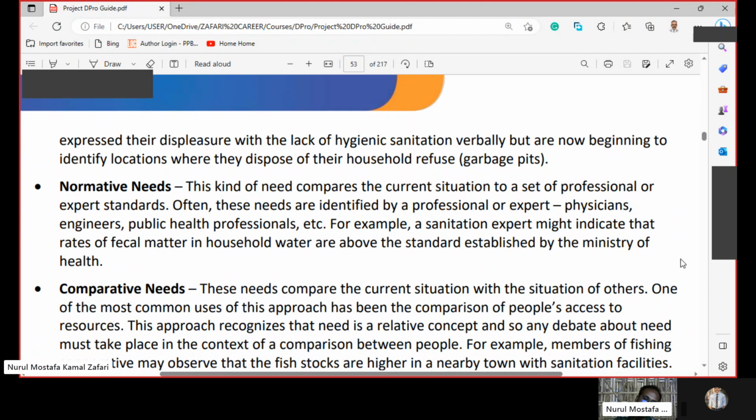So normative needs are defined by the professions, by the subject expert, by the specialists. I think we can understand it easily.